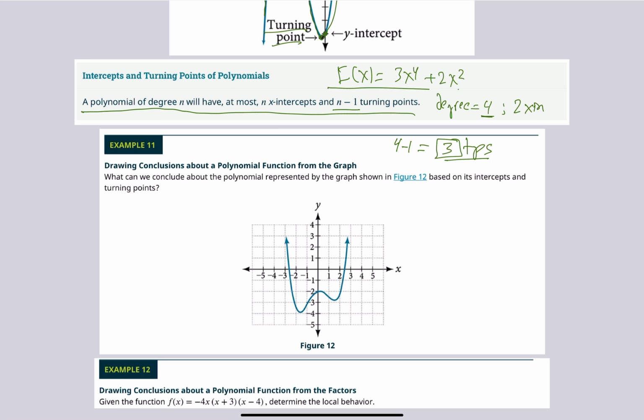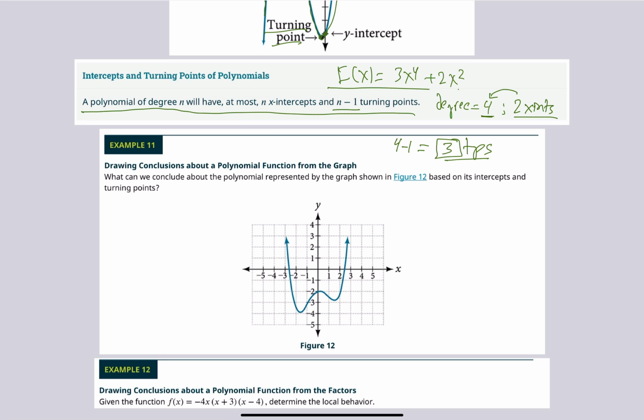That's totally fine. The number of x-intercepts can be equal to the degree, and the number of turning points must be one less than the degree, okay?